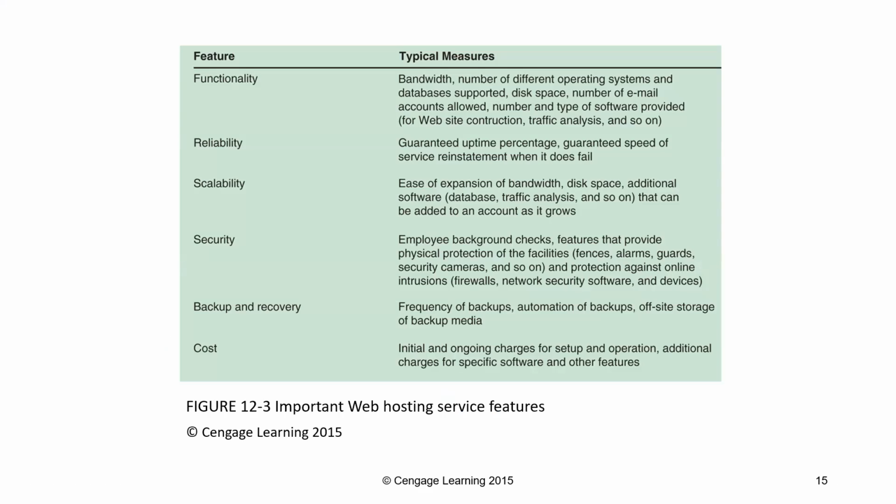So these are some of the statistics you can look at. You need a lot of bandwidth and a lot of operating systems and databases supported when your shop gets bigger. You need a lot of disk space, and a lot of email accounts allowed for users and employees.